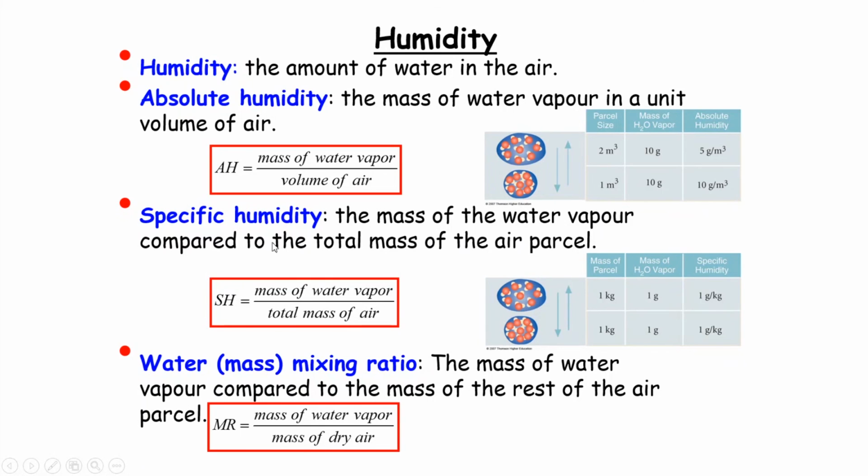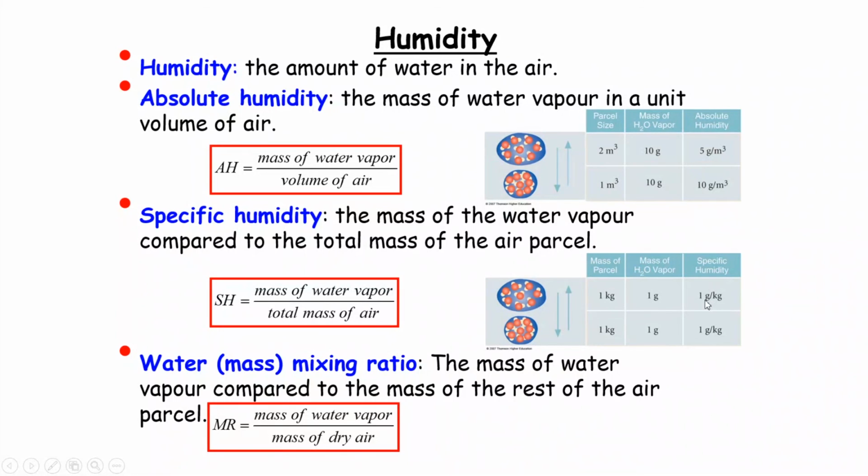Then specific humidity. Specific humidity is the mass of water vapor divided by the total mass of air. Because this is a ratio, it has nothing to do with the dimensions. It doesn't matter whether the air is compressed or expanded. In this pocket, the total mass of moisture, which includes vapor as well as dry air, is 1 kg, whereas the mass of H2O vapor is 1 gram.